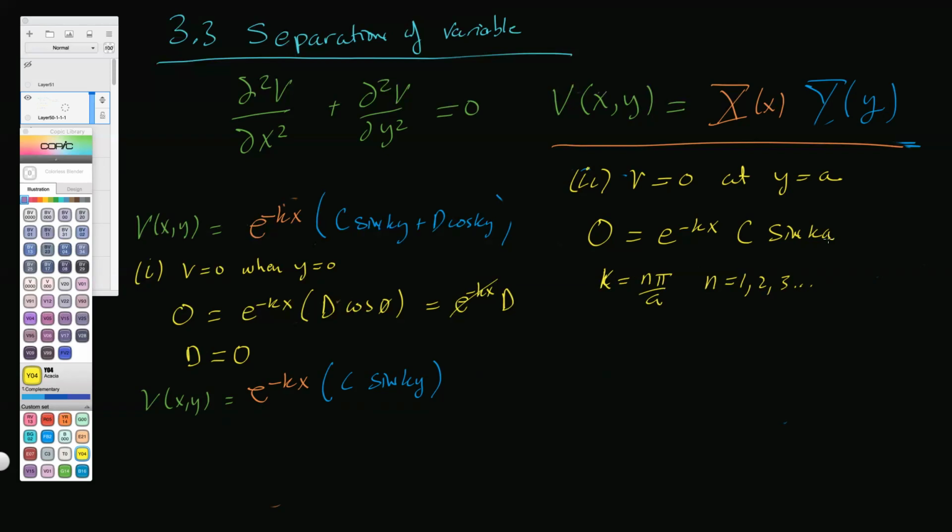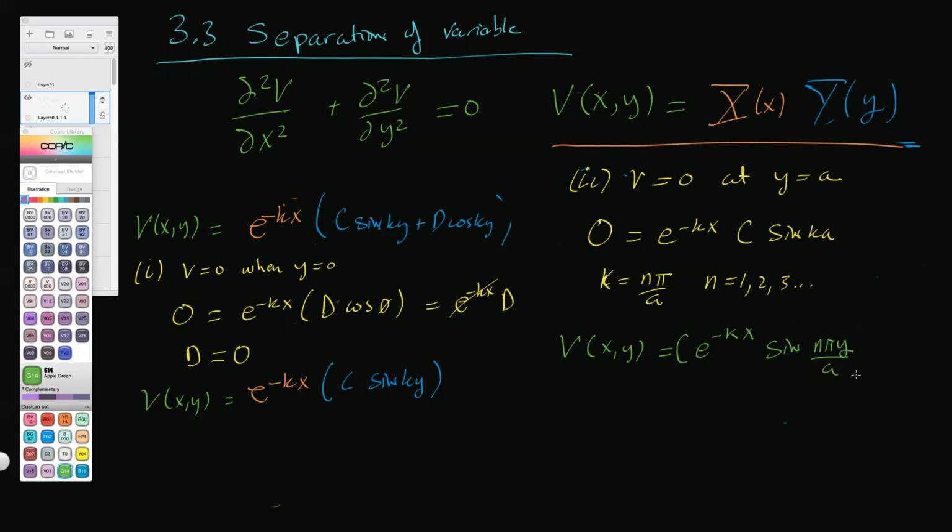So that means we actually do have the whole solution. The only thing we haven't implemented is, well, let's just write it down. V of x and y now is e to the minus kx, and then we have C still, and then sine of n pi y over a.